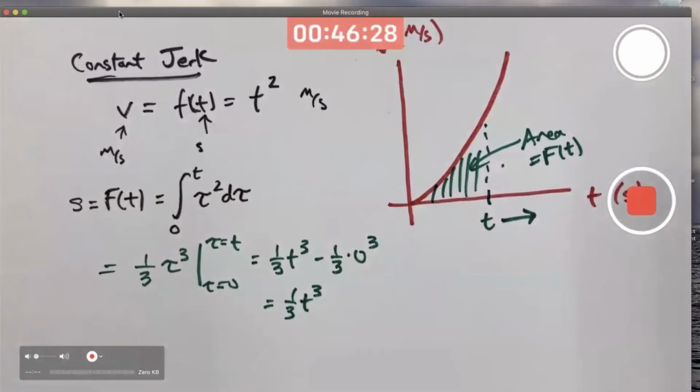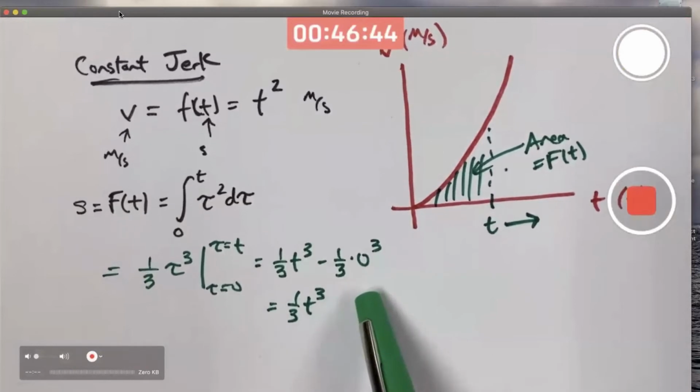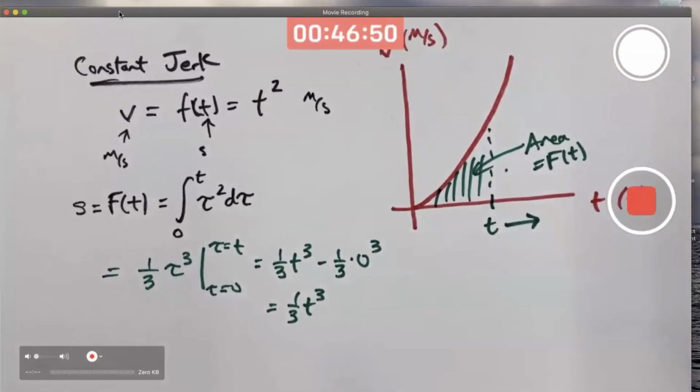That's what you usually do. However, that is actually arbitrary. I could start time at some other moment, t equals 1, and declare that to be the starting time. If I did, the lower limit would be a 1, and we'd be subtracting one third times 1 cubed. We'd be subtracting one third in that case. And the formula would be different.